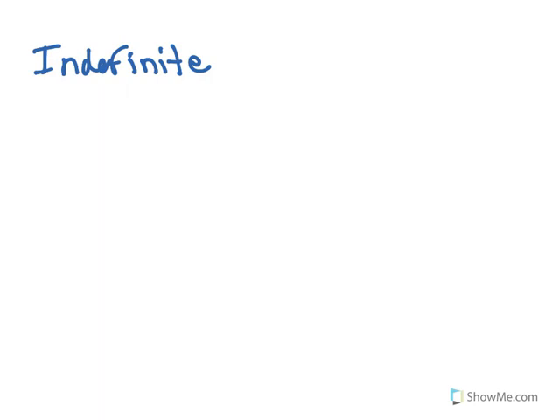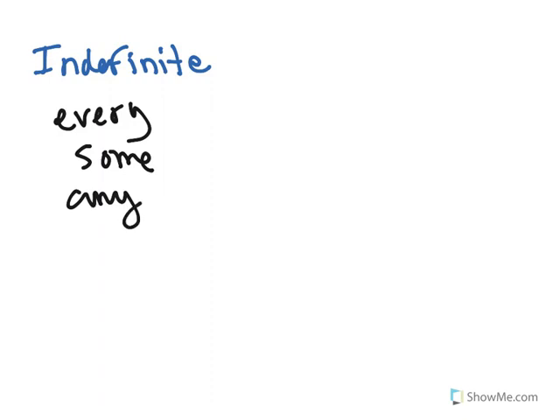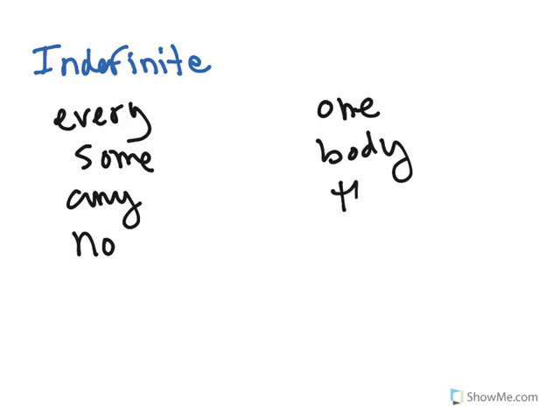So indefinite pronouns are used usually by combining different words with every, some, any, no. And then you can combine them with words like one, body, thing. There's other combinations that you can make, but those are some of the most common ones.